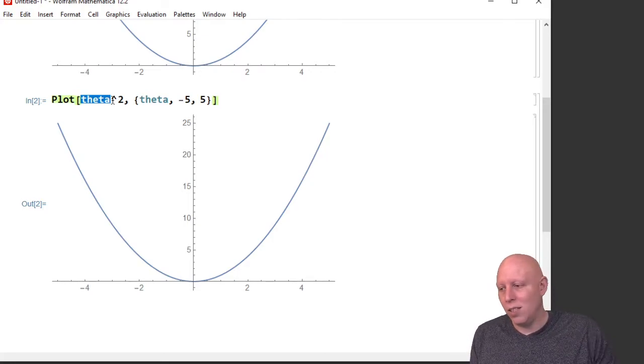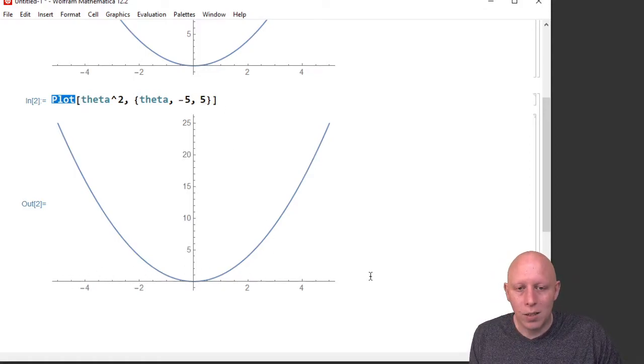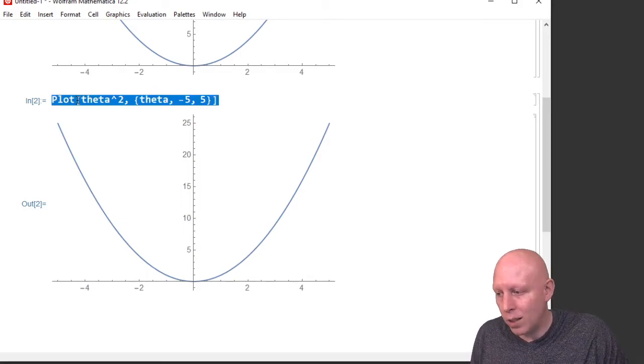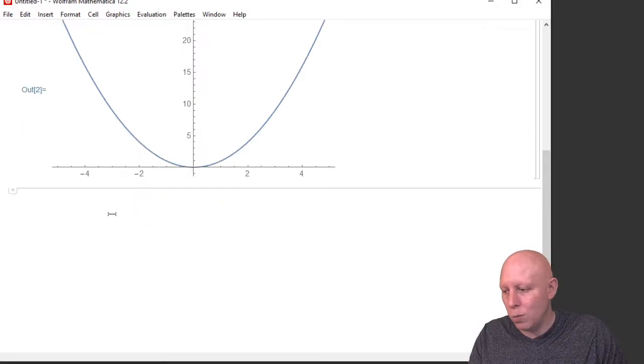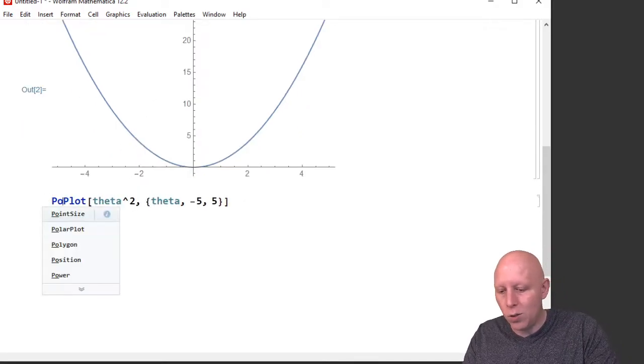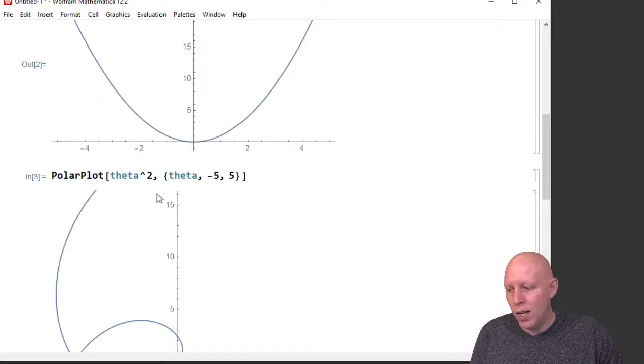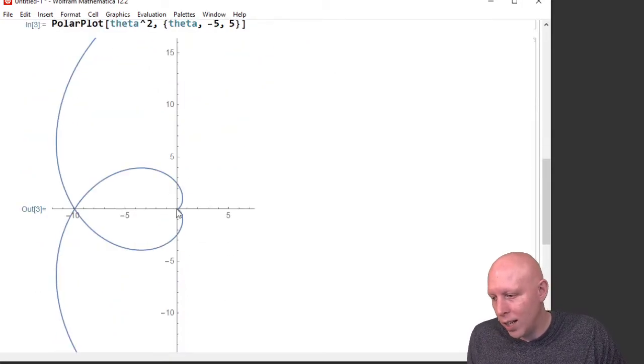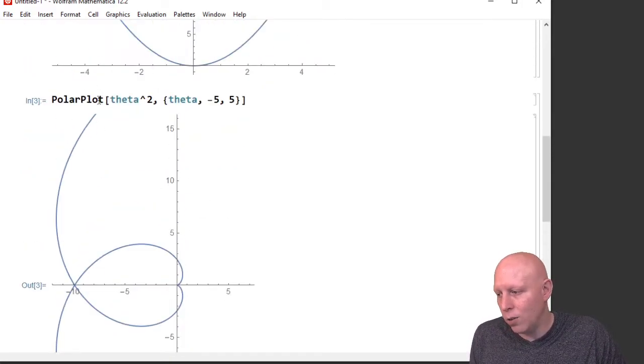It just says this is a variable, and when I'm plotting something, I will always use this as that variable axis. So if you want to plot something but use polar coordinates, then you have to use PolarPlot. And when you use PolarPlot, then it will specify, oh, you want to do a polar plot of the function r is equal to theta squared.